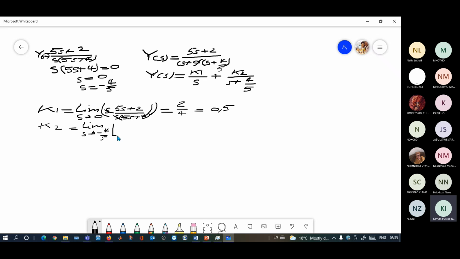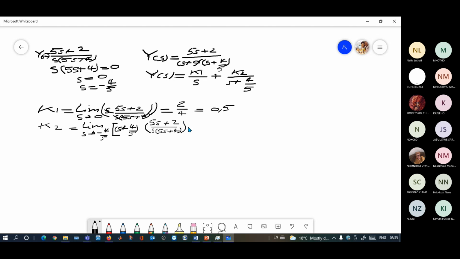Then we're going to use this factor, which is s plus 4/5, times the function, which is 5s plus 2 over s times 5s plus 4. Close the bracket.